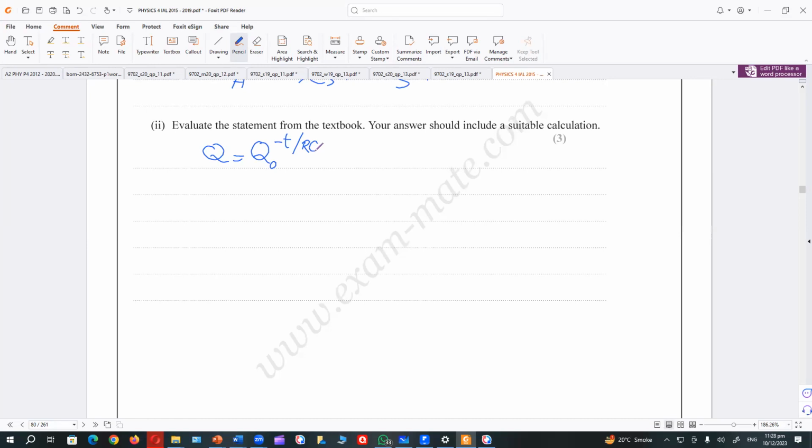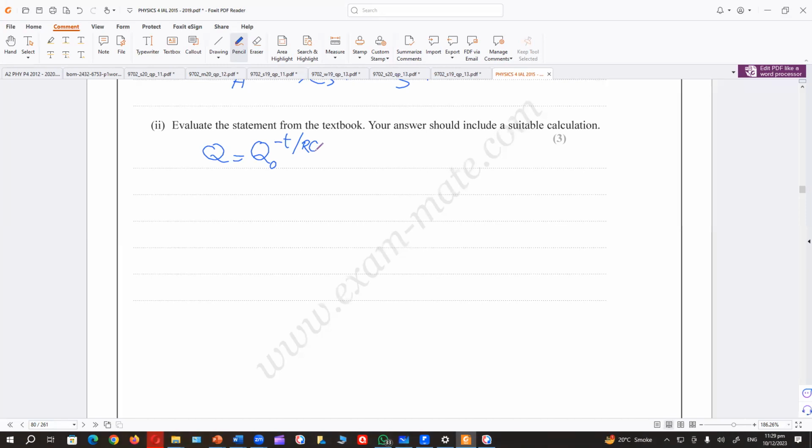Oh yeah, this one. I remember this one. It's in the formula booklet. So you have to sit and revise all the formulas. I have this formula, but I don't have Q and Q naught. But at least I have a formula and I can find the percentage.